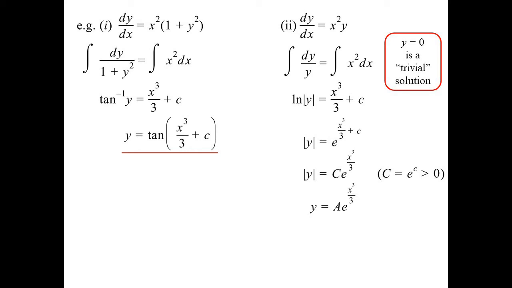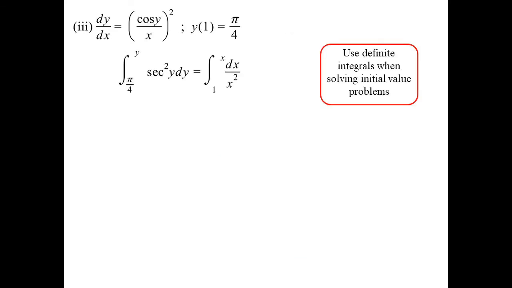So I've just then said y equals another constant a, which might be plus or minus, because remember we're saying the absolute value of y is this, so y could be plus or minus. So I've just given it a different letter. It's still just a constant. But don't forget the trivial solution. So therefore y equals 0 is a possibility, but the other possibility is a e to the power of x cubed on 3.